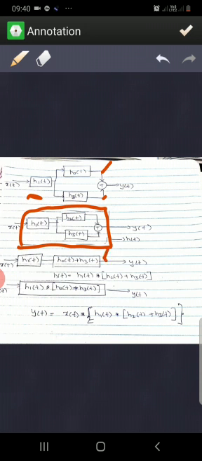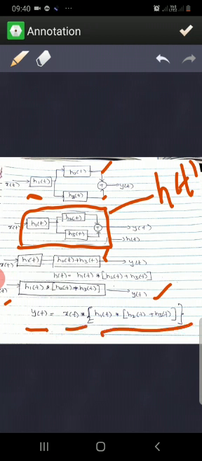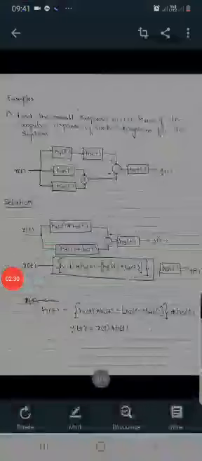Now these two are connected in cascade, therefore h of t is equal to h1 of t convolved with h2 of t plus h3 of t. Here x of t is the input and y of t is the output. Output y of t is equal to x of t convolved with h of t, where h of t is nothing but h1 of t convolved with h2 of t plus h3 of t.